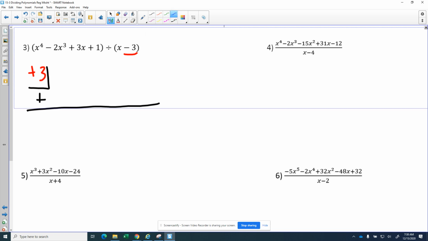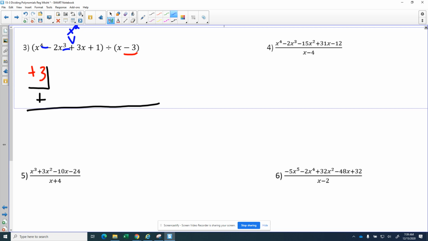And then across the line, I have to draw my numbers. But here's the one thing you have to understand. I am not allowed to skip a value or an exponent. I always want order. So while I have a 4, a 3, technically I'm missing an x squared. Okay, it's not there.